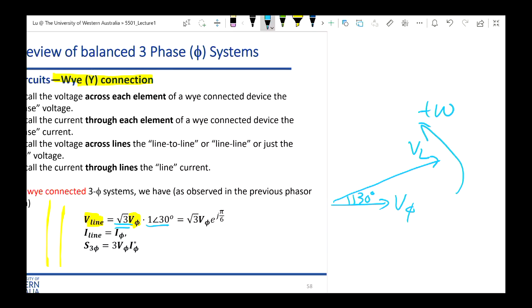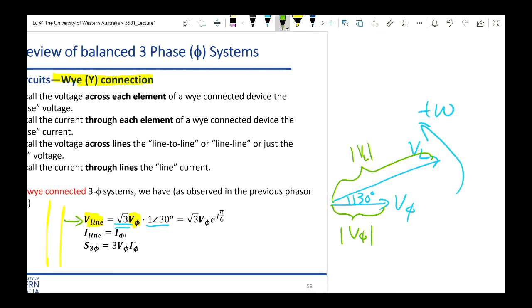And longer means the magnitude. So this is the magnitude of the line voltage. The two bars around the V L indicate the magnitude of it. The magnitude of the line voltage is square root 3 times bigger than the magnitude of the phase voltage. Okay, so this plot corresponds to our first equation here.